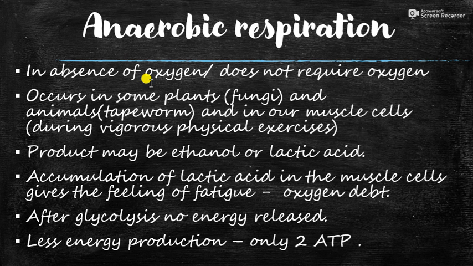So when pyruvic acid is converted into ethanol, 1 carbon will be released in the form of carbon dioxide. So when ethanol is produced as a byproduct in plants, a molecule of carbon dioxide will also be released.